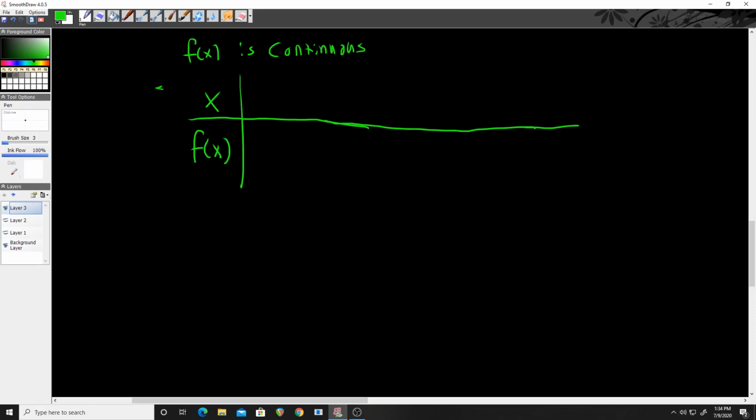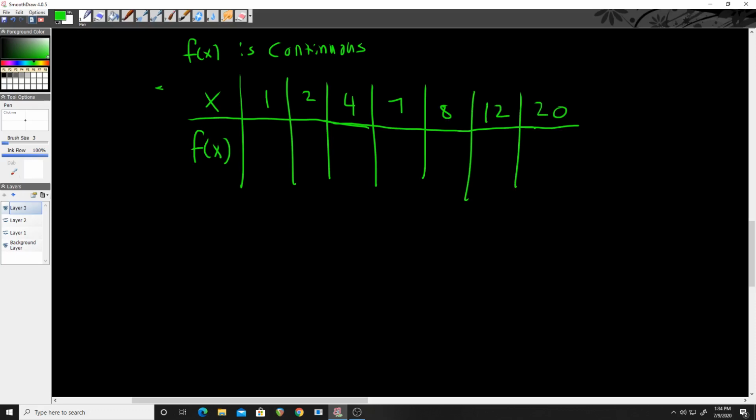That's our assumption. And let's say we have some x values here. The x values are not evenly spaced in this table.